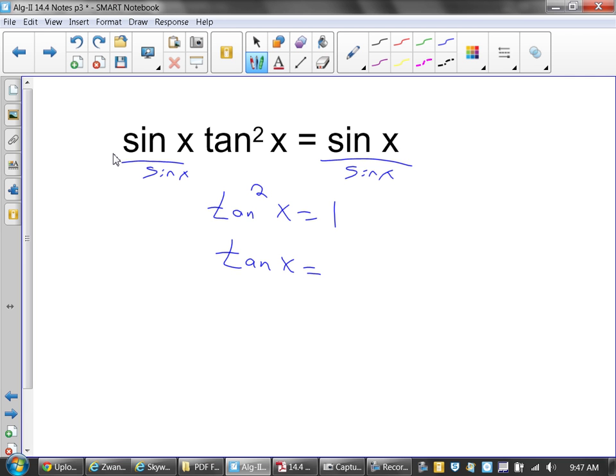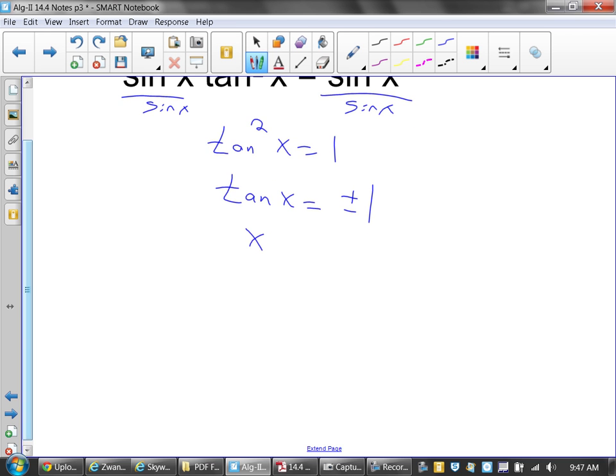Plus or minus 1. Remember, whenever you take a square root over an equal sign, you have to do the plus minus. Okay? Now, we do our inverse. We save the inverse for last, so x is going to equal the inverse tangent of plus or minus 1.